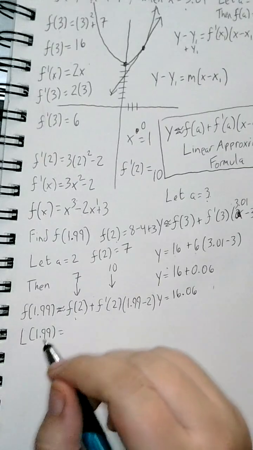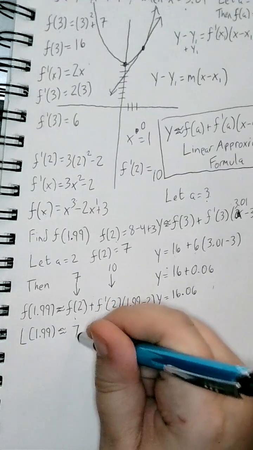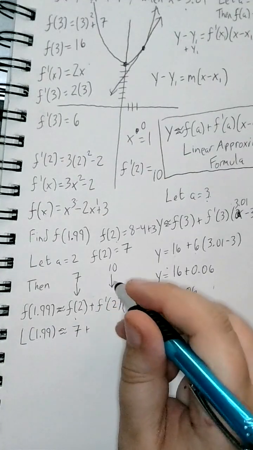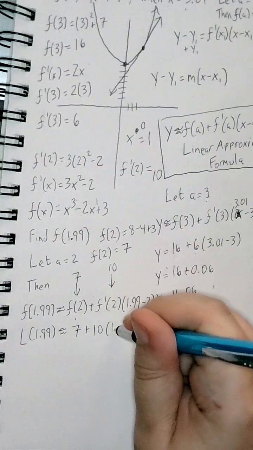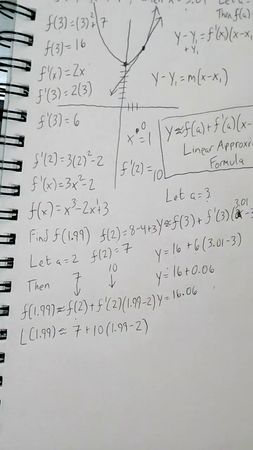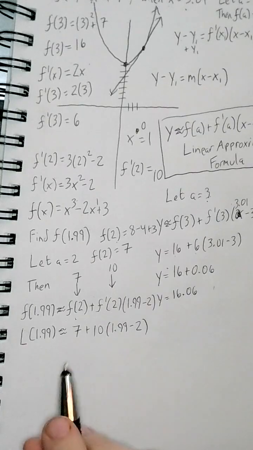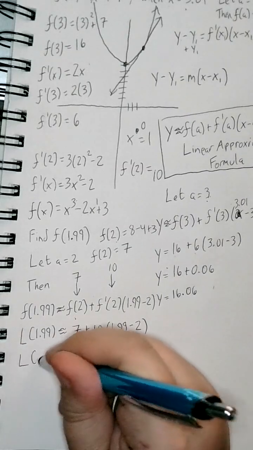So L of 1.99 is approximately equal to 7 plus 10 times 1.99 minus 2. Now, if that's the case, what would my answer be?